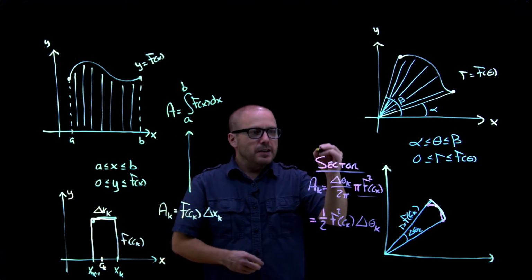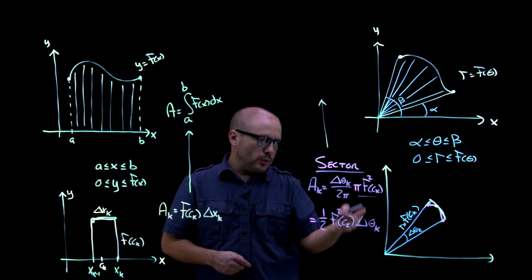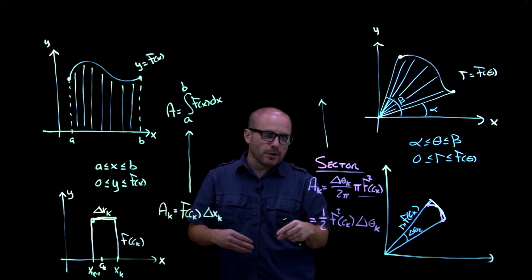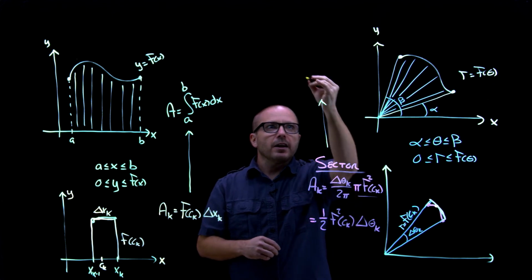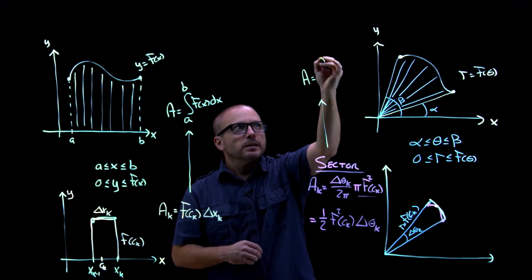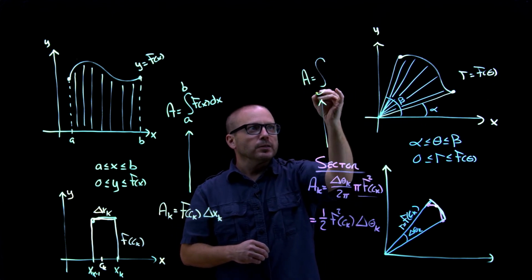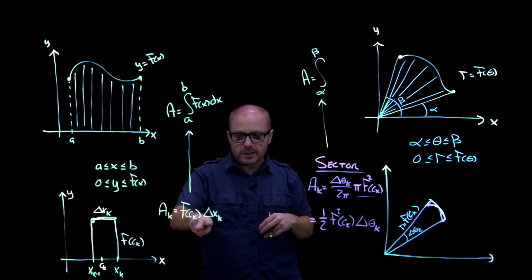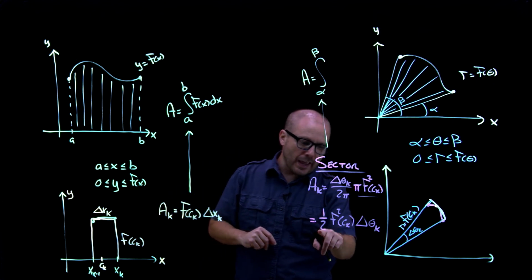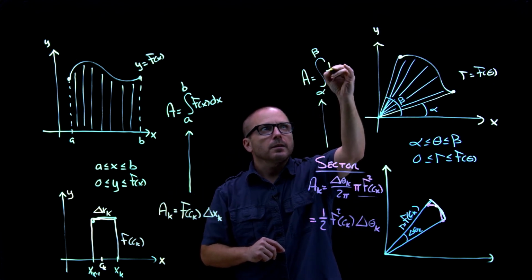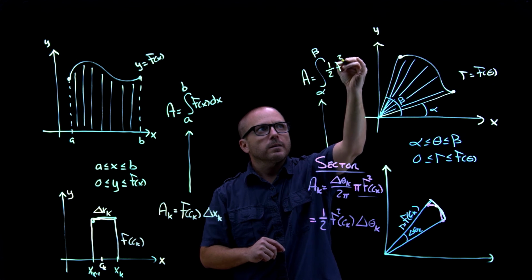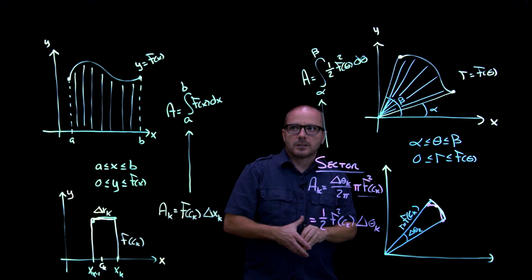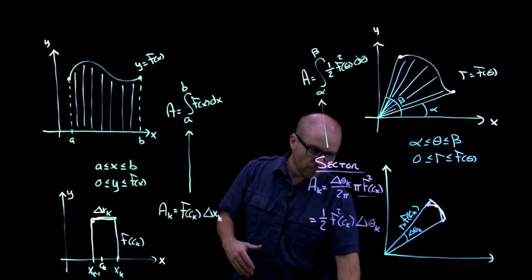So what happens over here is as we add all these little sectors up and let the norm of the partition go to 0, then the area here, well, we're calling those angles alpha and beta. And it's not just the function, right? It's not just the function. It's 1/2 the function squared. So that's our analog in polar.